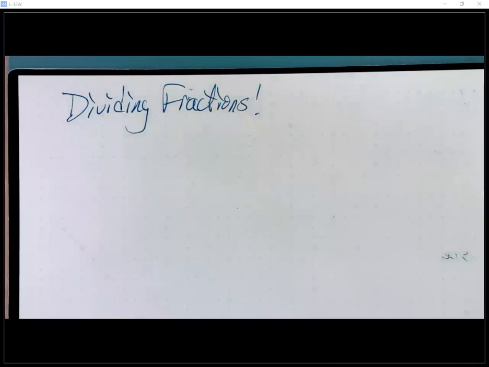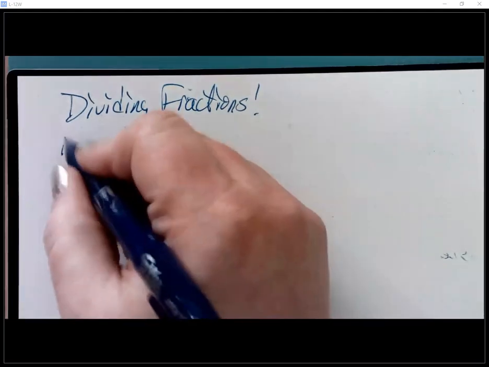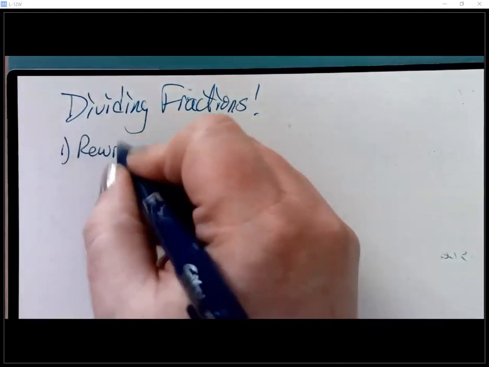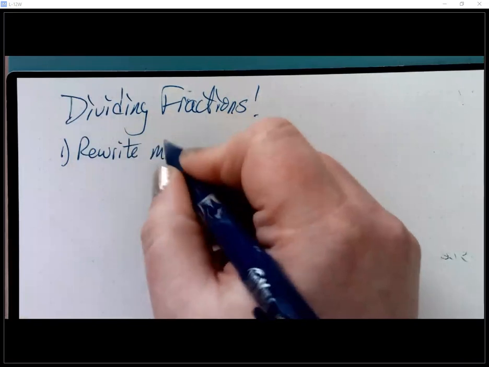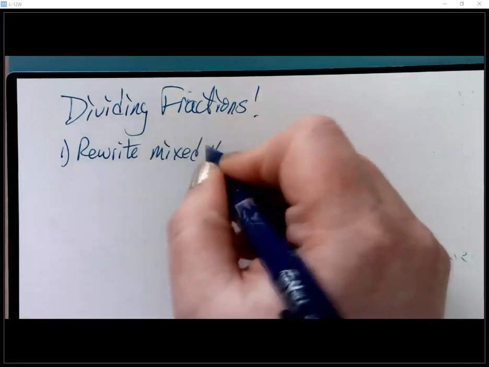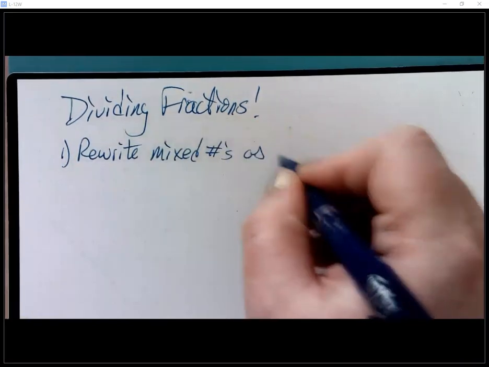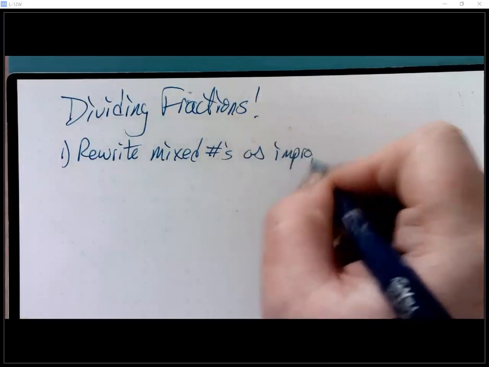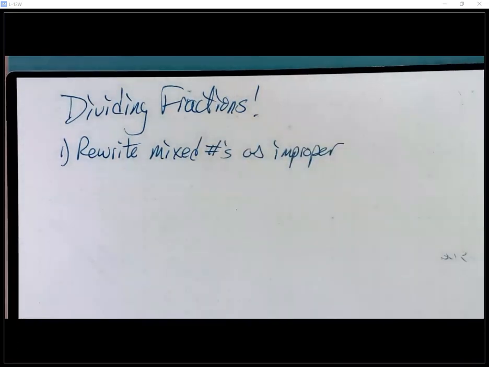As always, if any of them are mixed numbers, I'm rewriting them as improper. So there's that first step if you have to.